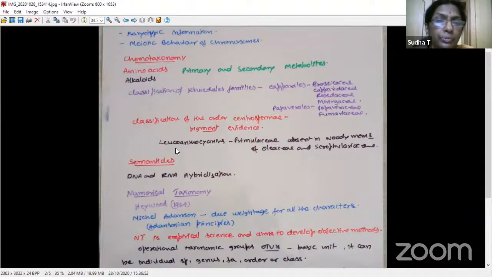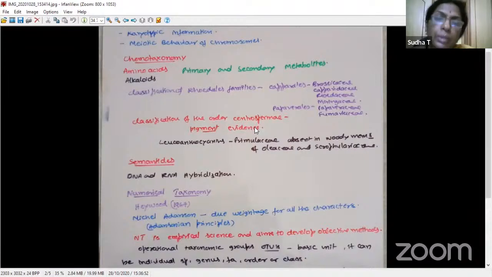And here, as I am saying, leucoanthocyanins are found in Primulaceae. They are absent in woody members of the Oleaceae and Scrophulariaceae. So by observing leucoanthocyanins in the Primulaceae, which are not to be seen in Oleaceae and Scrophulariaceae, we are taking evidence; the last aspect we are considering is chemotaxonomy.